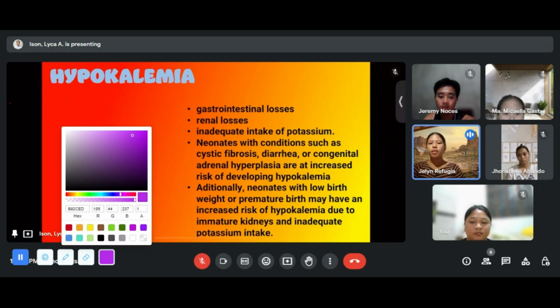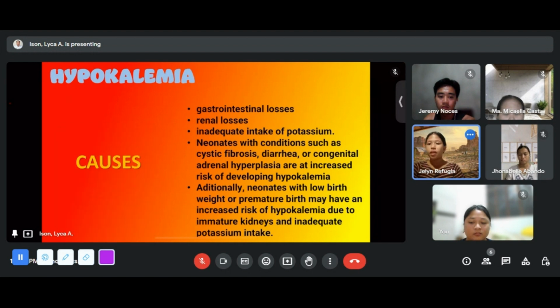And when we say congenital adrenal hyperplasia naman, it is the inherited disorder that affects the production of hormones na nagkukos sa adrenal glands to become too big or hyperplastic. So yung mga baby na may low birth weight or premature is at risk din sa hypokalemia due to immature kidneys and inadequate potassium intake. So next slide.